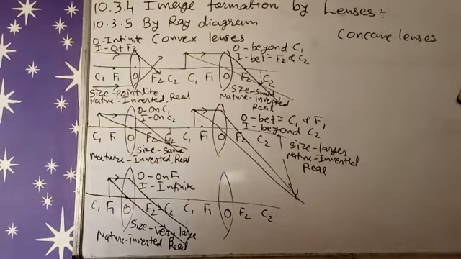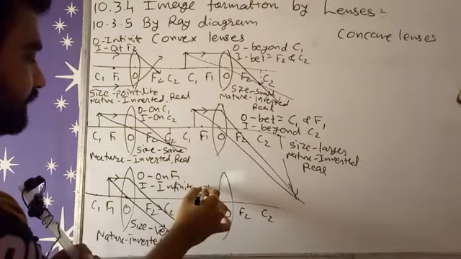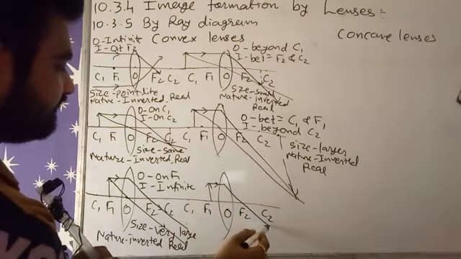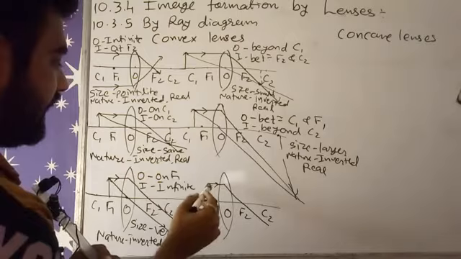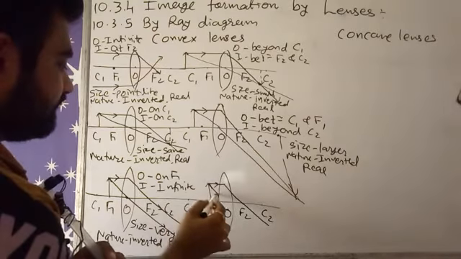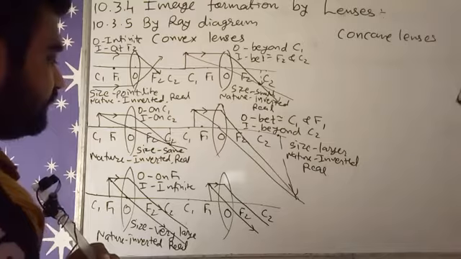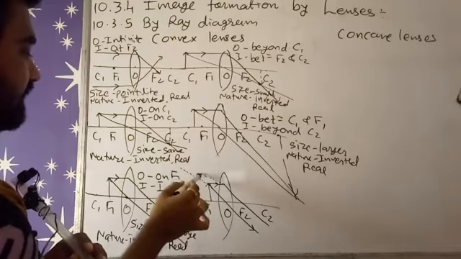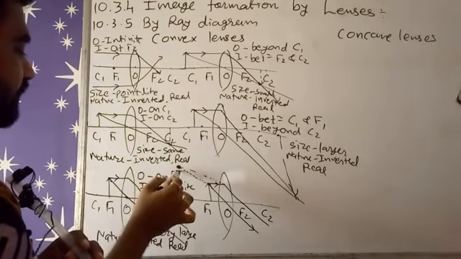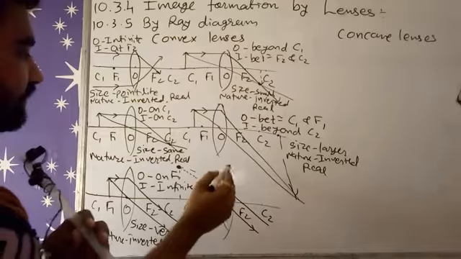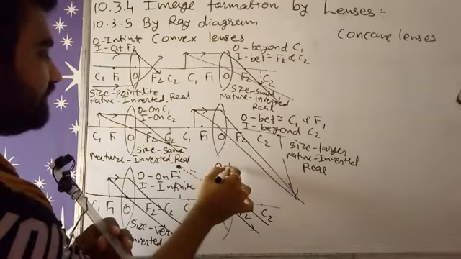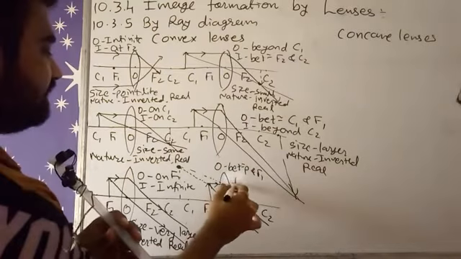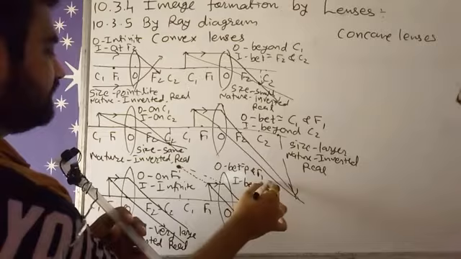Now for the last one, we have our object here. The first light ray, after refraction, passes through F2, and another goes in this direction. When we extend these two rays backward, we get the image at the intersection point, beyond C1. So the object is between P and F1, and the image is beyond C1.